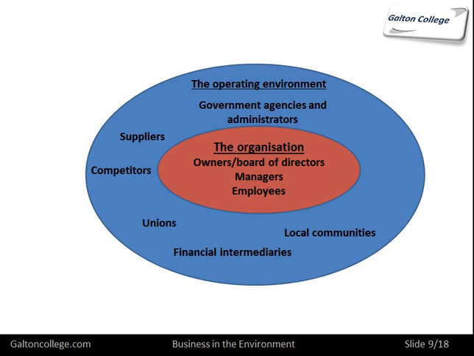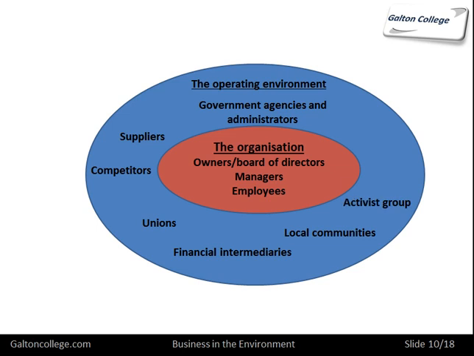The local community has an interest in the business, how the business conducts itself, how it gets involved with the local community. Does it sponsor charity events or sports events, or does it congest the roads, or does it pollute the atmosphere? The local community have an interest in the business, as do activist groups.